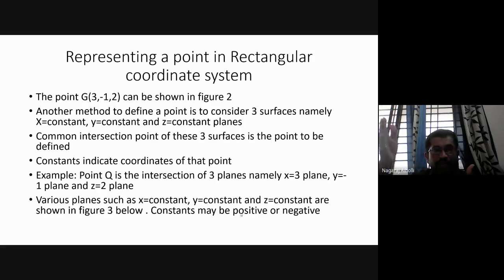Then y equal to say 5 units, you have drawn the plane there. Z equal to say 7 units, you have drawn the plane there. Wherever these three planes intersect at a common point, that gives the coordinate, our destination point, our final point where we want to arrive. Clear here? Got the point, friends? I'll explain in this figure.